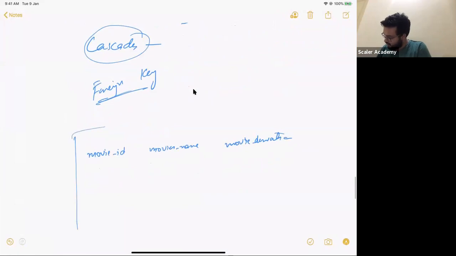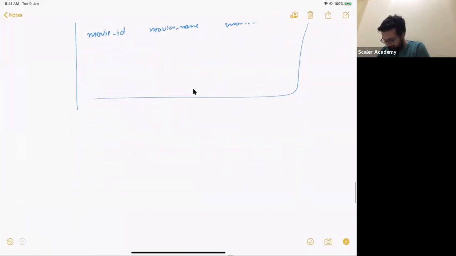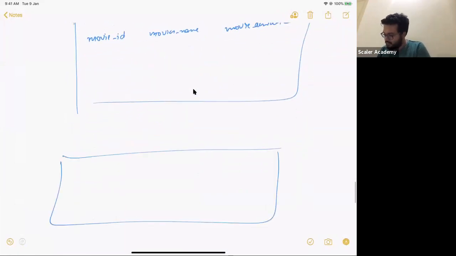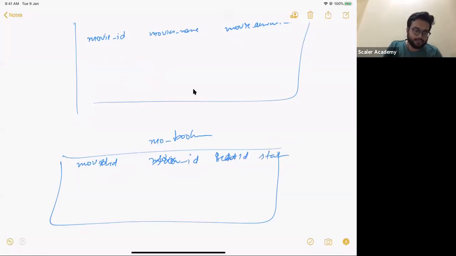Now let's assume there is another table, as we discussed, movie bookings. In the movie bookings table, you're going to have a movie ID, a show ID, seat IDs, and a status. Does that make sense, everybody?